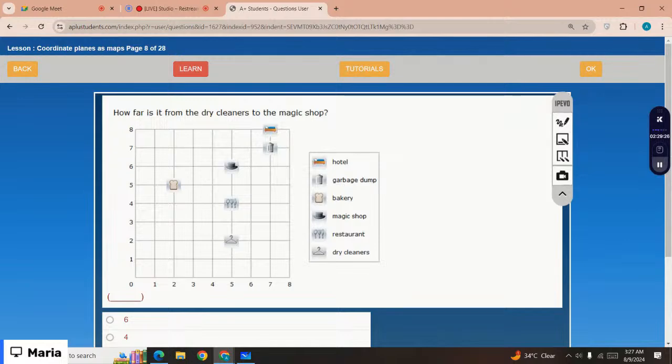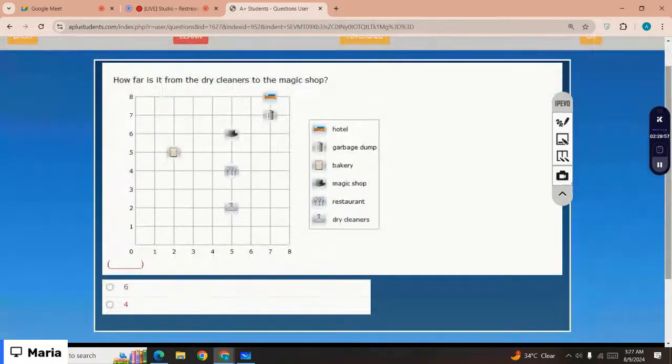How far is it from the dry cleaners to the match up? So which is the correct option? If it's easy, then why are you guys not answering?